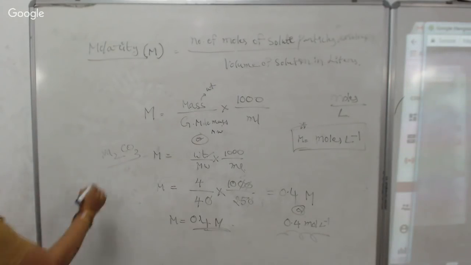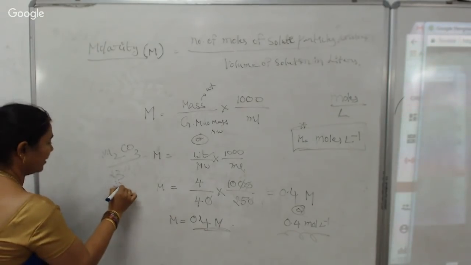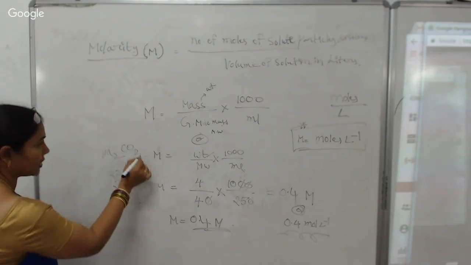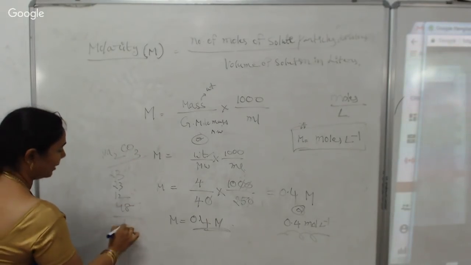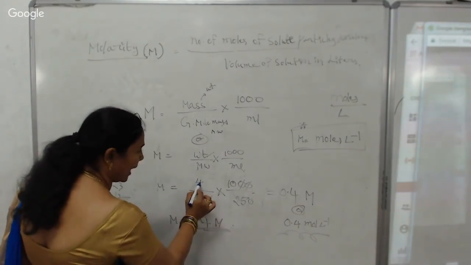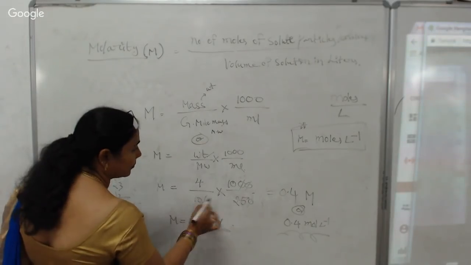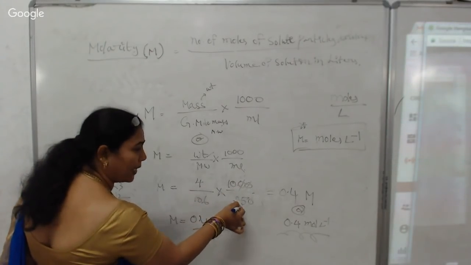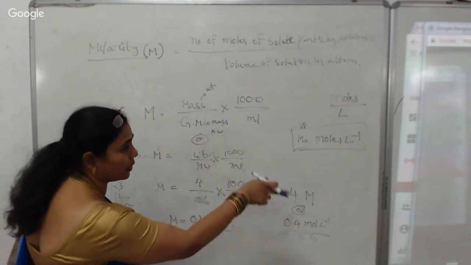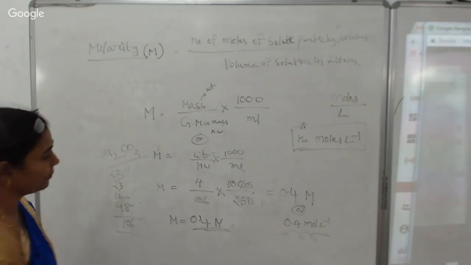Na2CO3 means 23 plus 23 plus carbon 12 and oxygen 3 times 16, which is 48. If you calculate, you will get 106. So the weight is 4 grams, but the molecular weight here is 106, and 1000 by 250. I am not changing anything; the only change is that instead of sodium hydroxide I am taking sodium carbonate. That's all, children. Then find the answer.